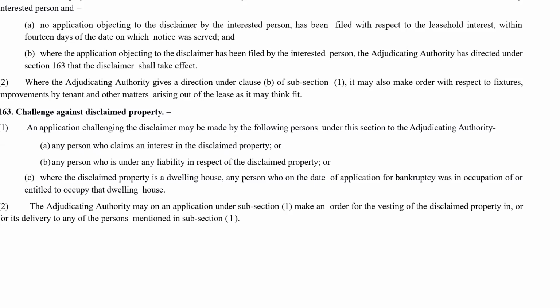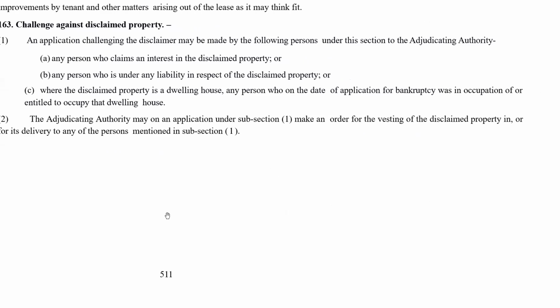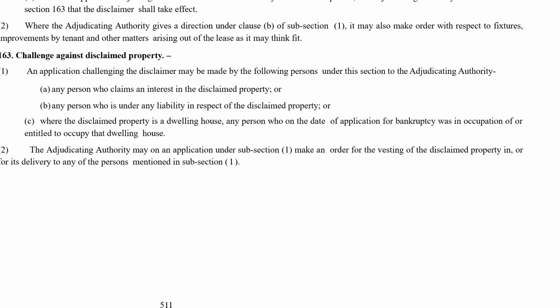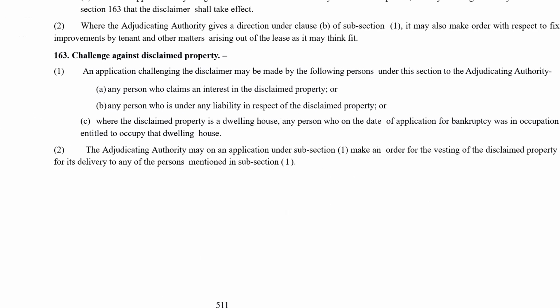Disclaimer of property, disclaimer of owner's property, then disclaimer of leaseholds, everything will be done with the approval of the adjudicating authority only. Now suppose the adjudicating authority has done something and now this person wants to challenge. So he will apply to the adjudicating authority.